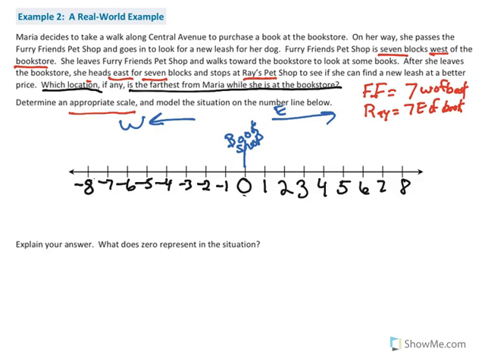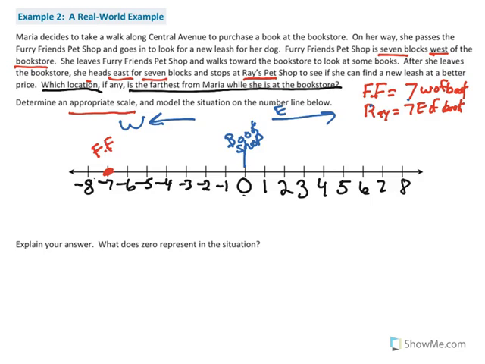So if we're making the Furry Friends 7 west, then that would make the Furry Friends towards the west over here, a -7. This would be the Furry Friends. I'm just going to call it FF.